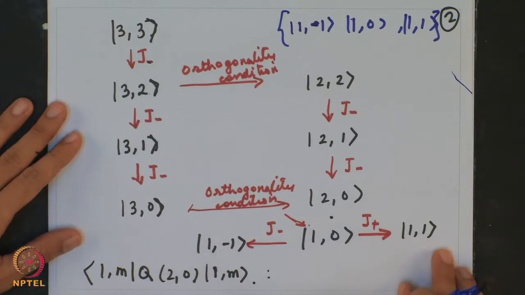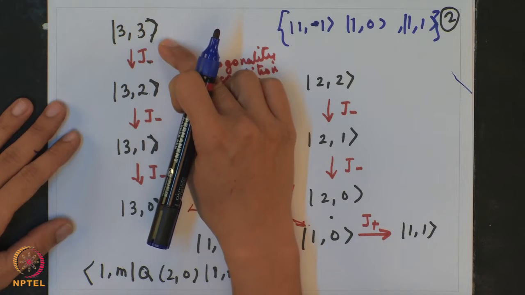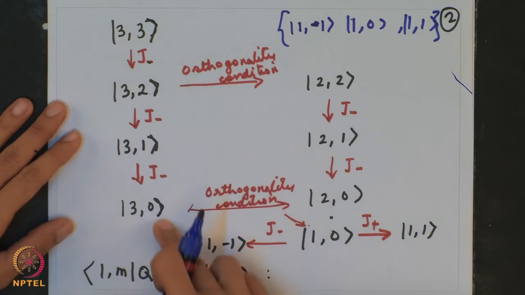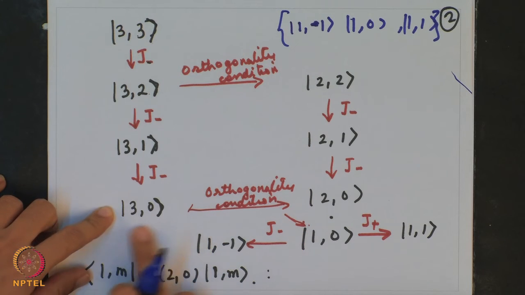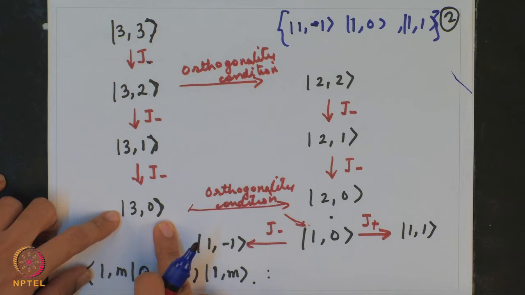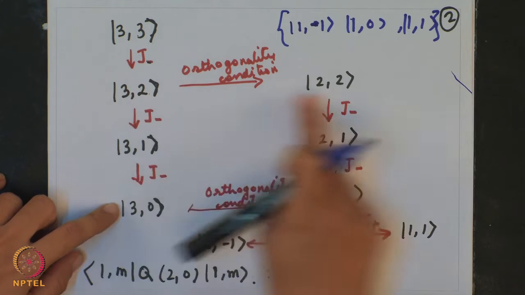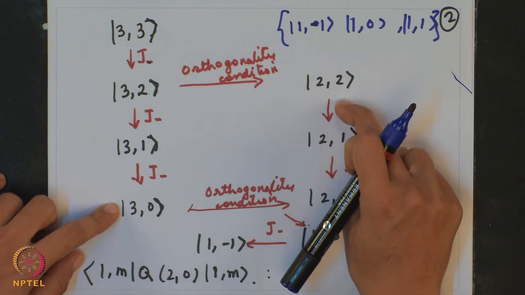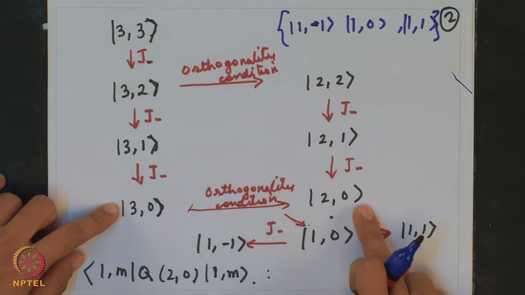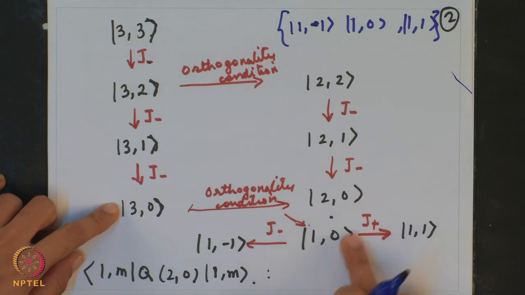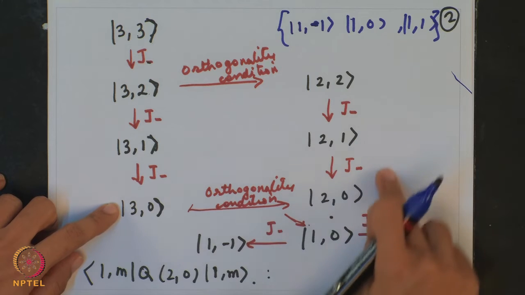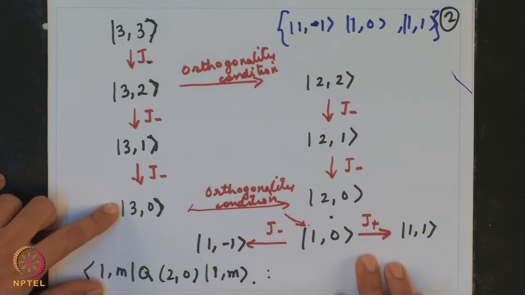So, let me just go through the roadmap once again. This is the roadmap. From the 3 2 state, you go to the lower state, you apply j minus multiple times to obtain the 3 0 state, and using the orthogonality condition you can switch to the state 2 comma 2, and again a series of ladder operations would result in the 1 0 state by orthogonality condition and j minus, and then the plus and minus ladder can be used to obtain these 2 states.